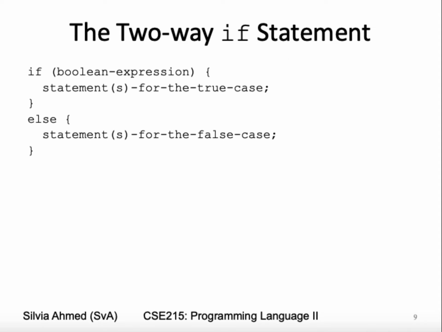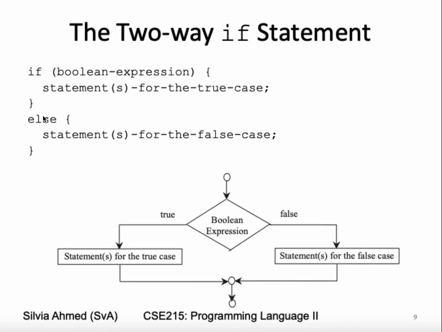Two-way means when the expression result is true inside the if, we will do something. If the result is false, we will do something else. That's why we use the keyword else. So for the diamond shape, now with the true branch, there are some statements.